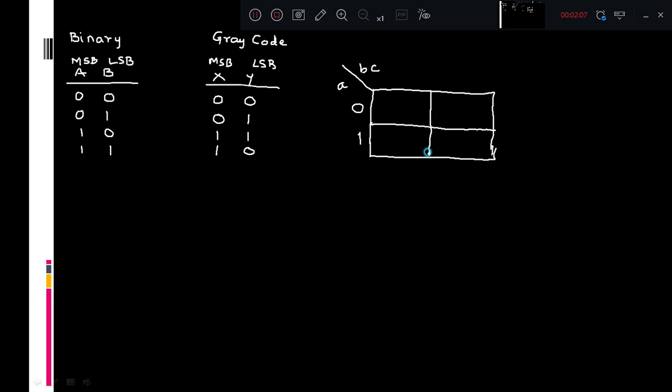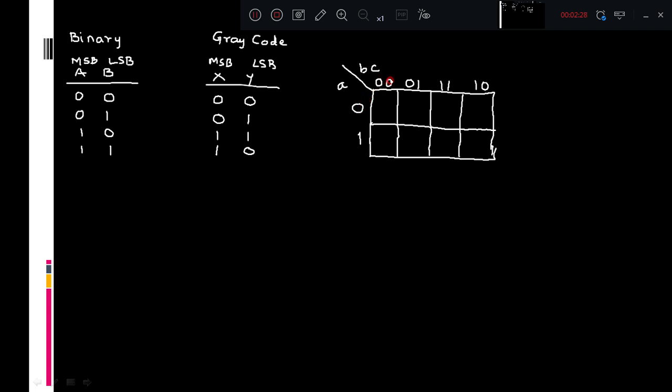For writing BC we are following a gray code representation. So first we write 0 0, then 0 1, then 1 1 and 1 0.